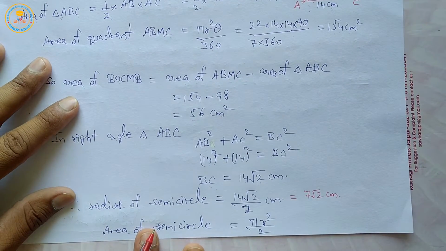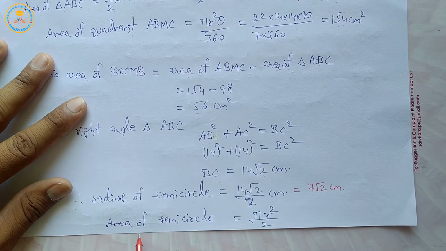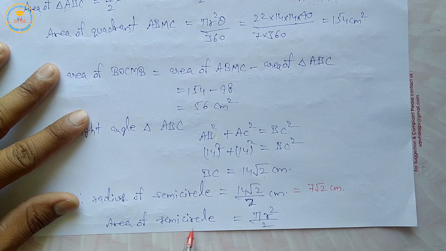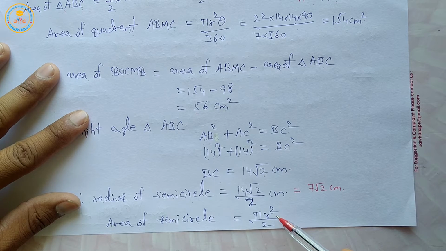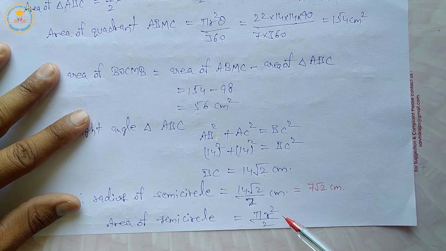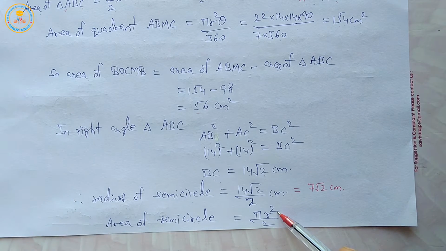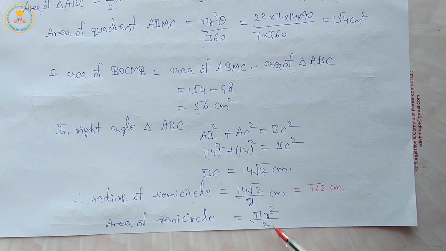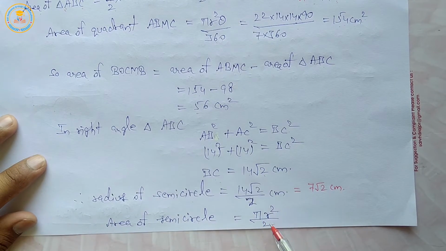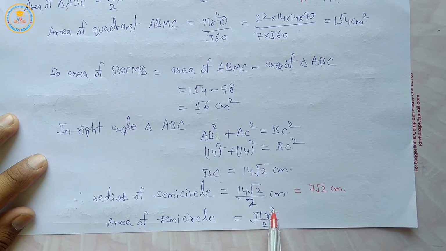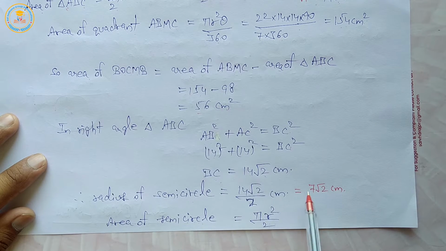Now we calculate the area of semicircle. Area of semicircle is pi r square divided by 2. Area of circle is pi r square and area of semicircle means divided by 2. Put here r equals 7 root 2.